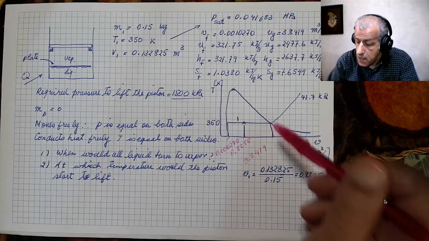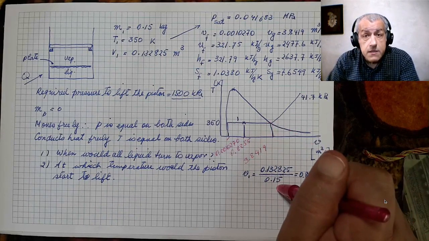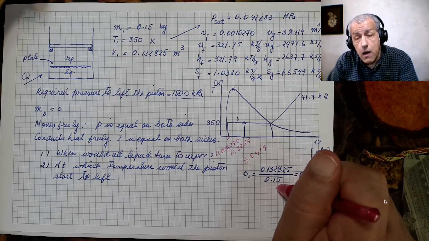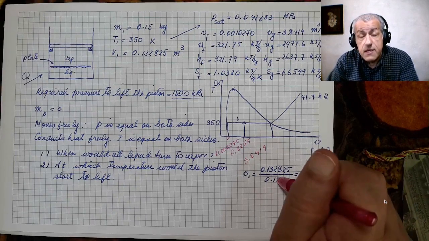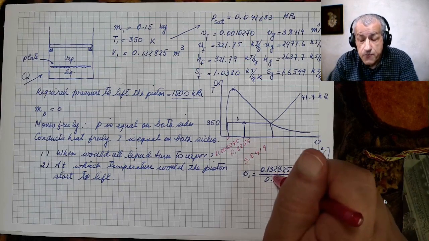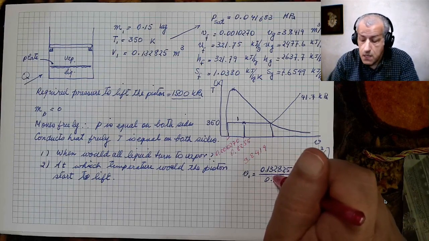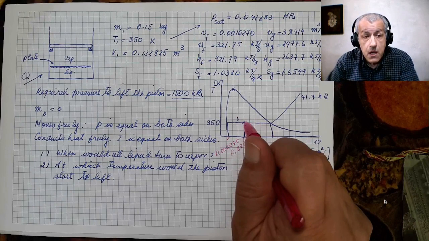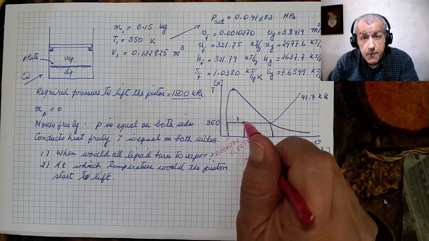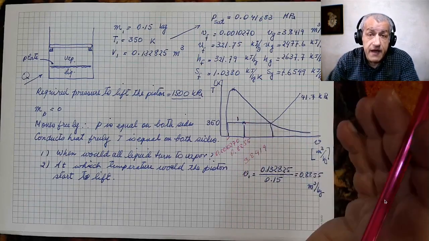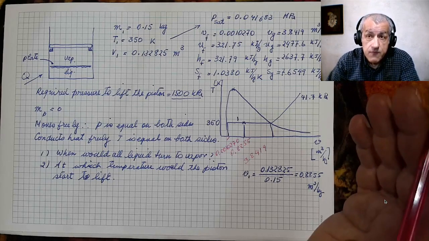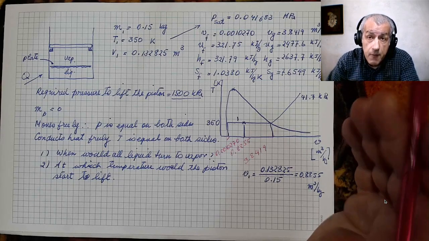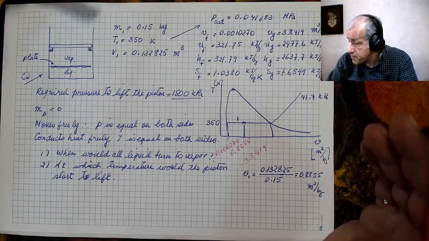And then I decided where our problem is. I calculated the specific volume for our problem and then positioned our initial point on this diagram. So, in fact, what I have done, I have distinguished between our problem and water properties.